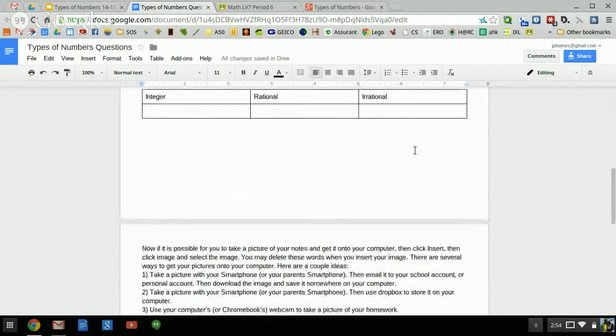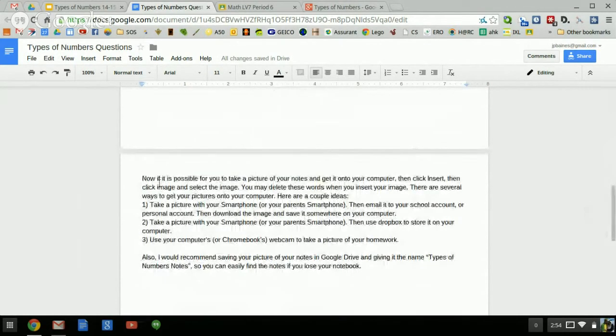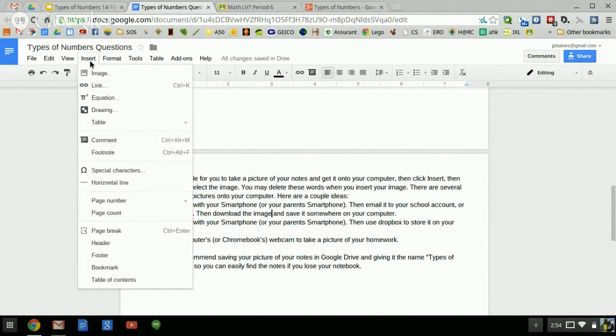And then after you're done with that, I would like you to take a picture of your notes, if that's possible, and get it onto your computer. Then you're going to go to Insert, Image, and put your image in there.